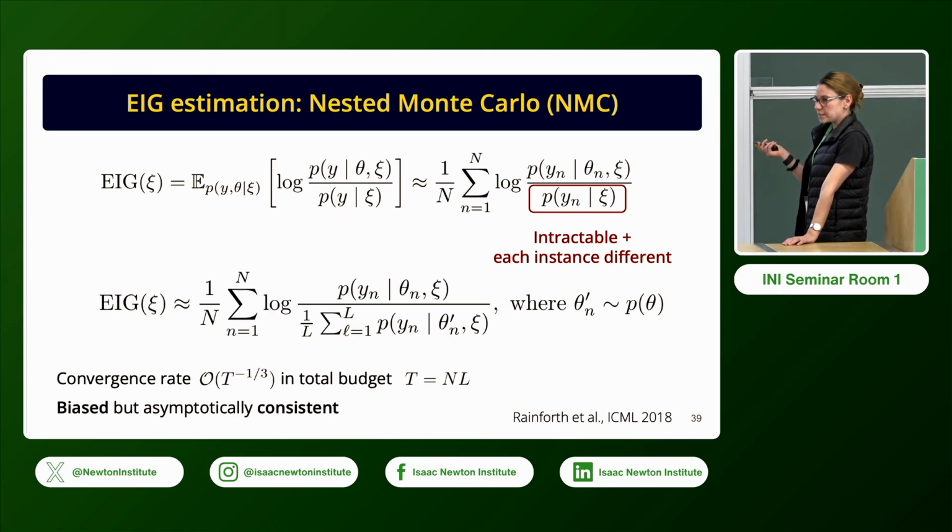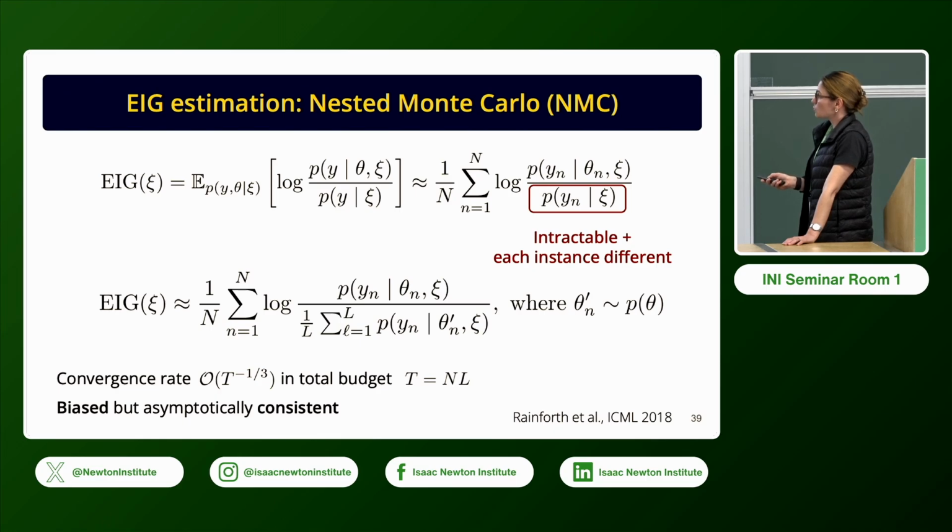As a concrete example, we can take the nested Monte Carlo estimator that we just discussed, right? As we said, this term in the denominator is intractable, and each of the instances will be different. The convergence of this estimator is actually pretty poor, right?